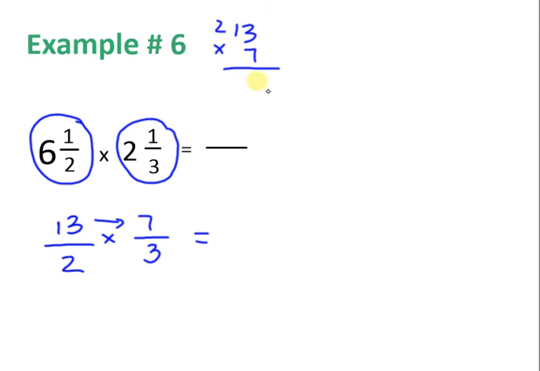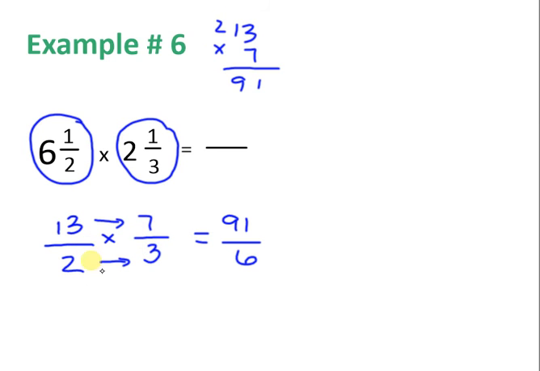So that's going to be 21. So that's going to be 91. And then here we have 2 times 3 is going to be 6. And you know what? I'm looking at this. 3 over 2, 7 over 3, 7 over 2, 13 over 3.